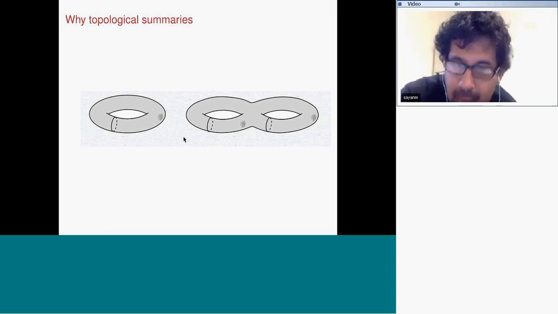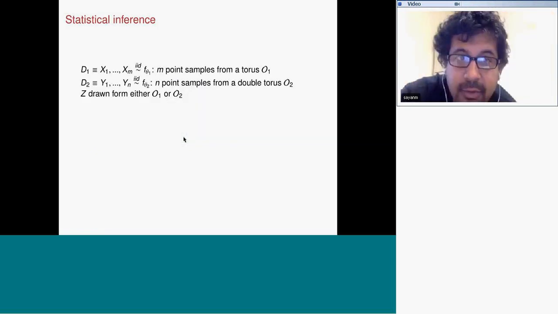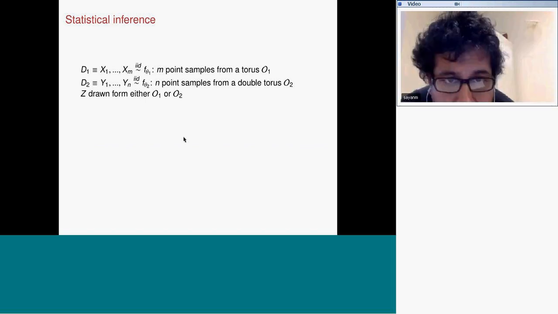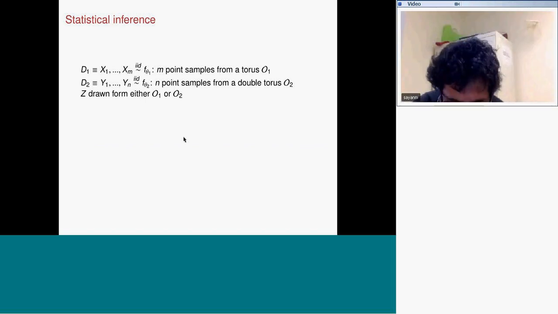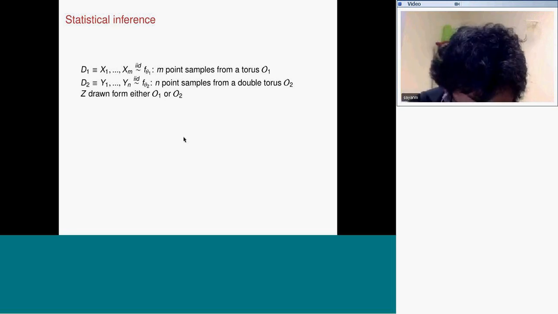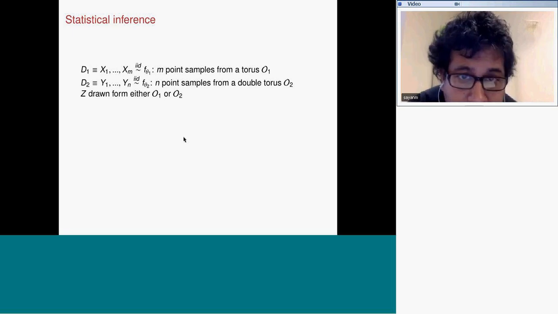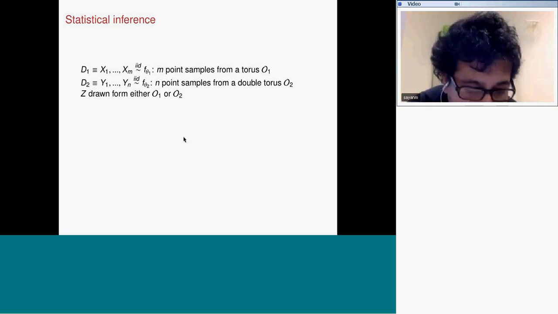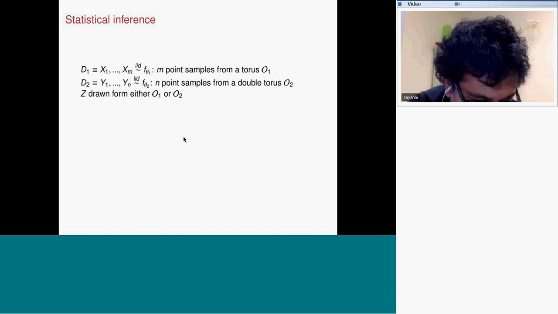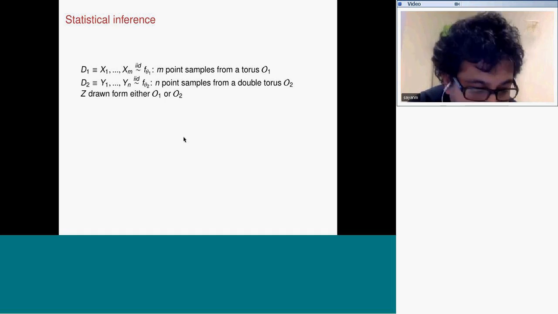Let's say you have a torus and a double torus. The classical statistical perspective on this problem would be: I view data, which are point clouds, and I give m point clouds from a torus. So I take the torus, I sample, let's say, L points from it m times, and this gives me data sets, okay?